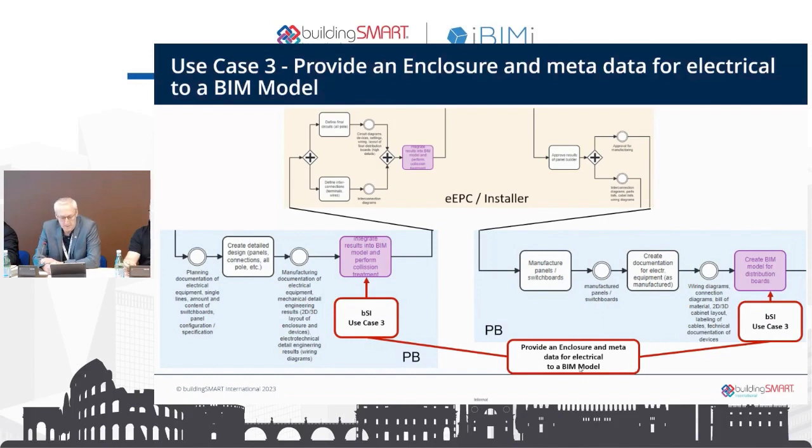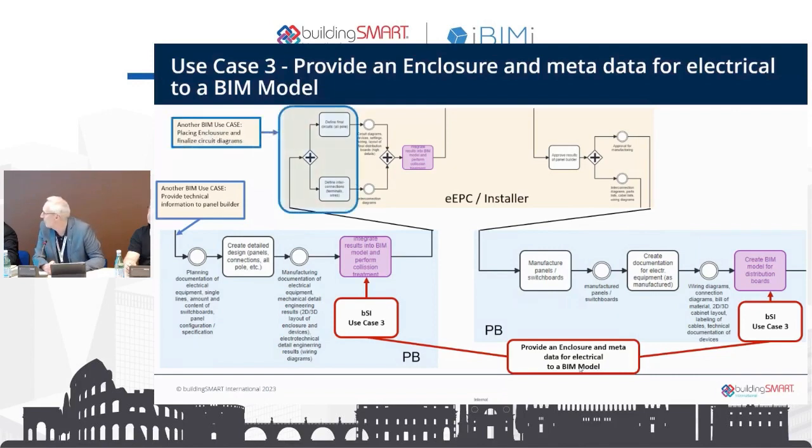And it is important that we say what we are doing, what we are talking about, and it is also important that we say what we are not doing here. We are not talking here about how the panel builder gets the information to build the panel from IFC. We also don't talk about how the EEPC installer places the panel inside the building. We don't talk about how the installer brings the information to the general contractor or to the operator to prove it again.